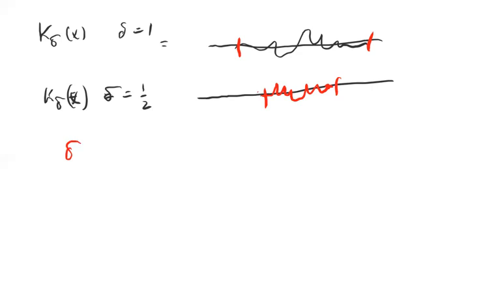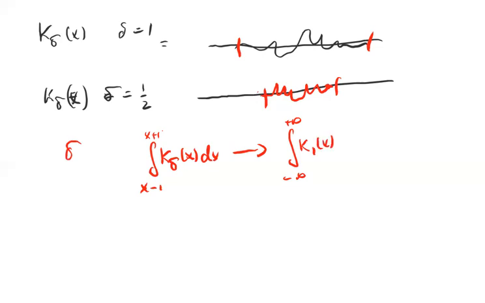And so the integral from x minus 1 to x plus 1, which contains 0, of k delta of x dx goes to the integral from minus infinity to plus infinity, because everything is in the graph here, in the k1 of x, which is 0.